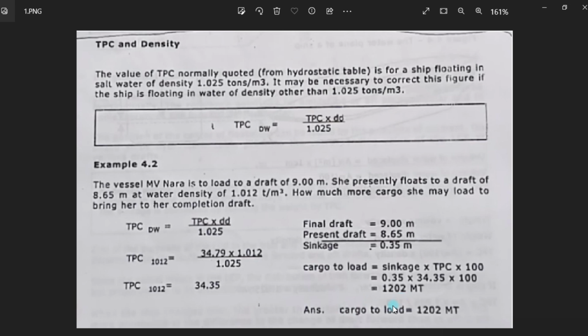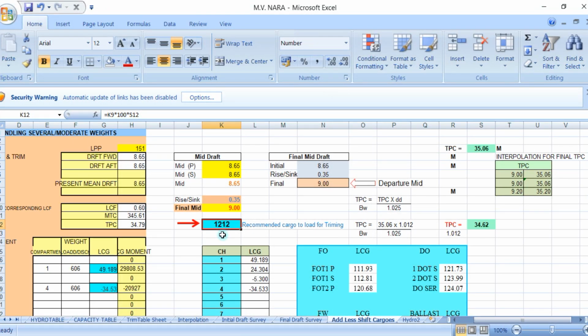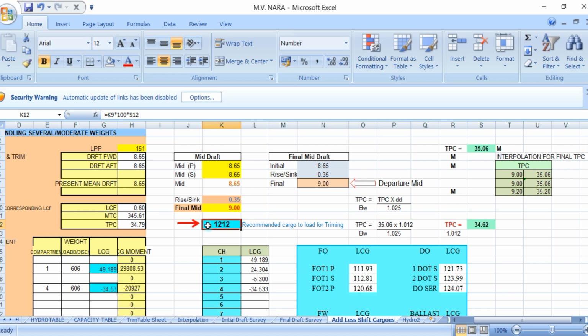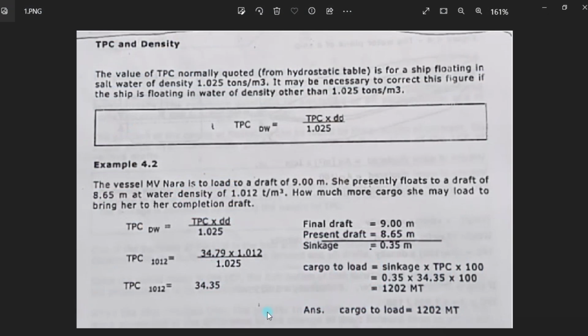His answer is 1,202. I have 10 tons more because I'm using the maximum departure draft, while in this case he is using only the TPC of the present draft, which is this one.